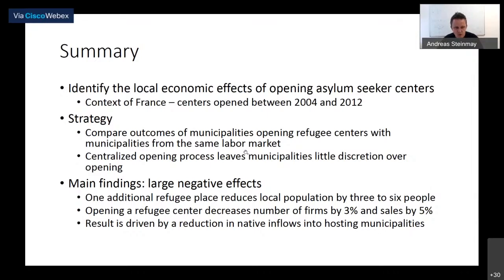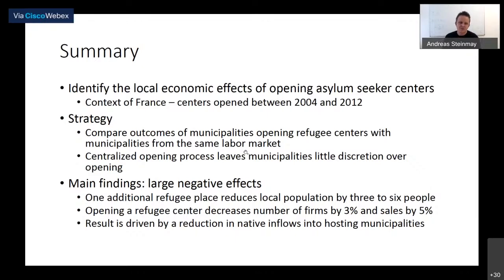And the findings are quite striking. They find very large negative effects on population and on economic activity. So at some point in the paper, they have this estimate that one additional refugee place in a center reduces the local population by 3 to 6 people. So that's really a strikingly large effect.